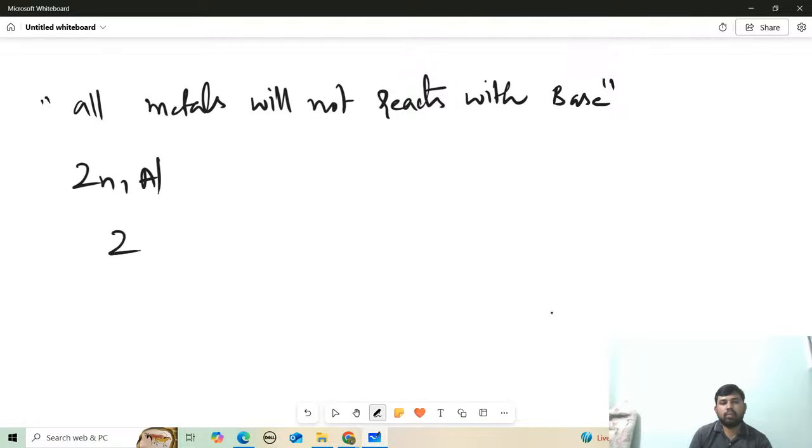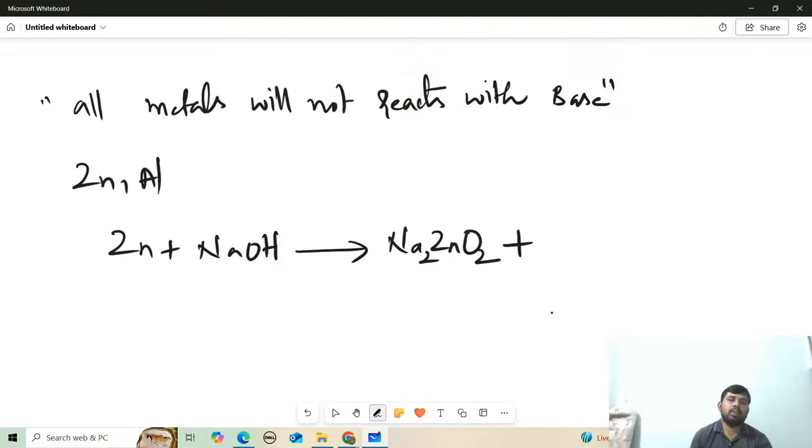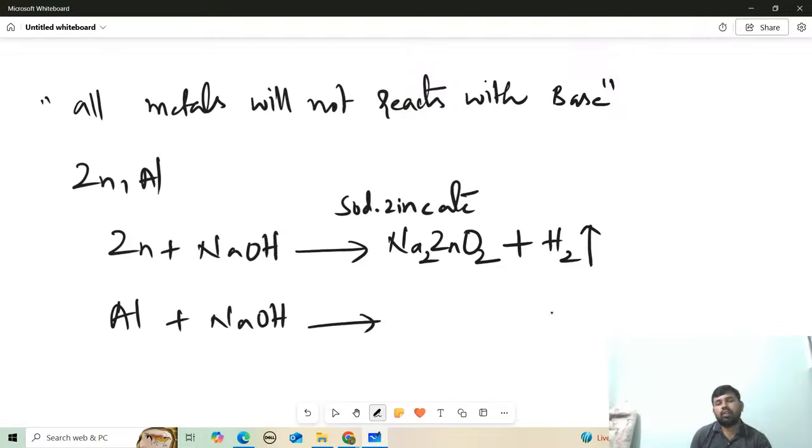Take an example: zinc plus NaOH gives sodium zincate. What is the formula of sodium zincate? Na2ZnO2, plus hydrogen gas. Hydrogen gas will also be there here. Similarly, if I take aluminum plus NaOH, we get aluminum zincate, I think, AlZnO2, plus again hydrogen gas.